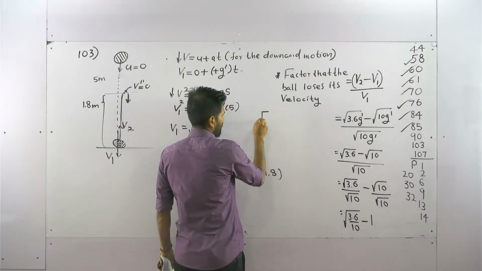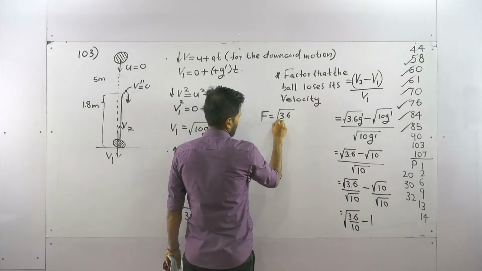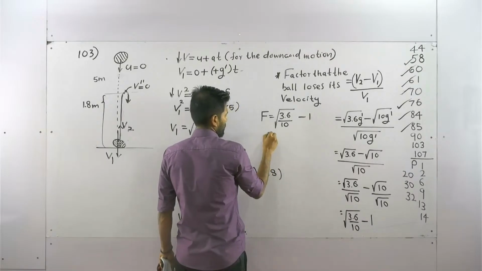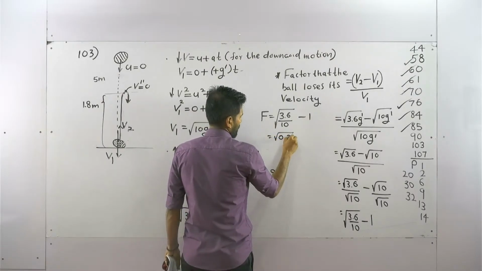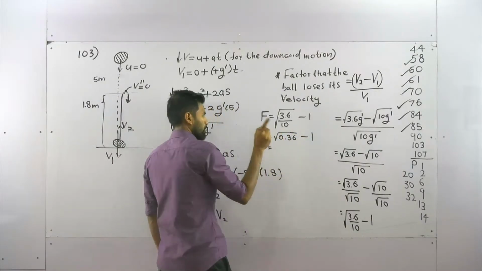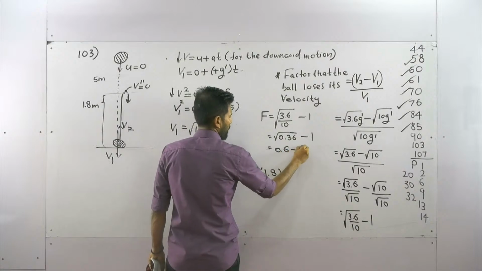So the factor is root 3.6 over 10 minus 1. So the factor is root 0.36 minus 1. Root of 0.36 is equal to 0.6, minus 1.